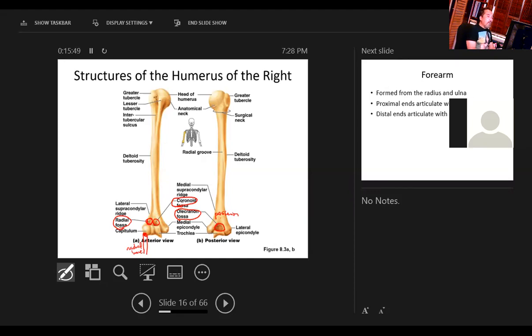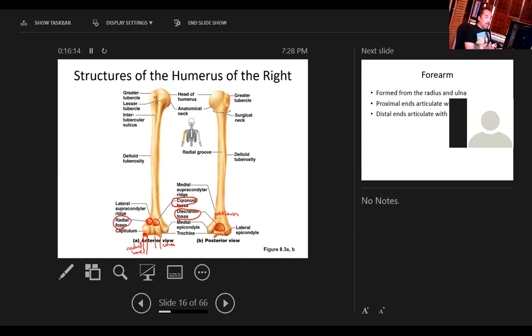Why did they call this the coronoid fossa? Because on the medial side is the ulna. And the head of the ulna has what you call a coronoid process. So when you flex your arm, the coronoid process of the ulna will hide in the coronoid fossa of the humerus.